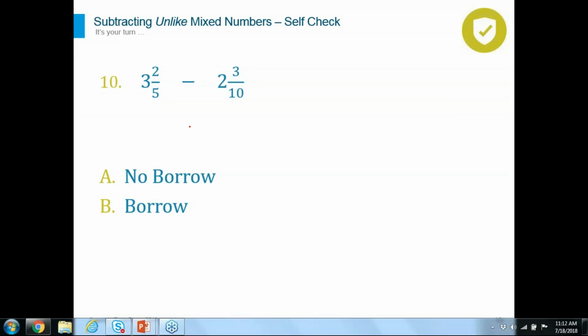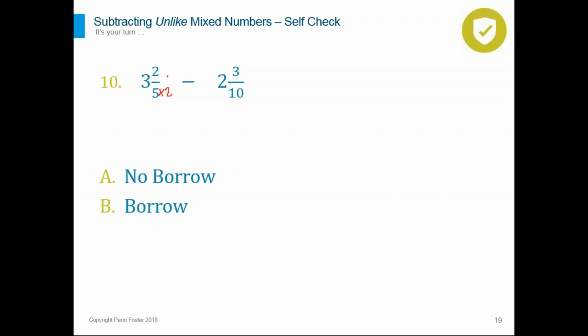Well, I have 3 and 2 over 5, and then I have 2 and 3 over 10. 10 is a multiple of 5. Change the problem first. So I'm going to do times 2 and times 2. 3 and 4 over 10 minus 2 and 3 over 10. Look at the numerators. 4 minus 3, doable? Yes. So there's no need to borrow.